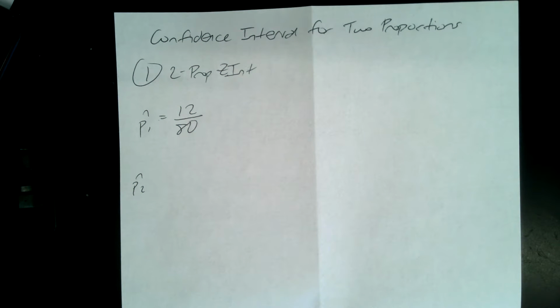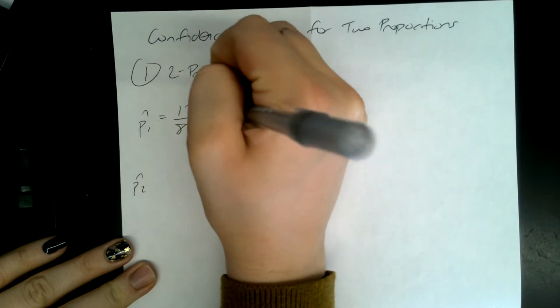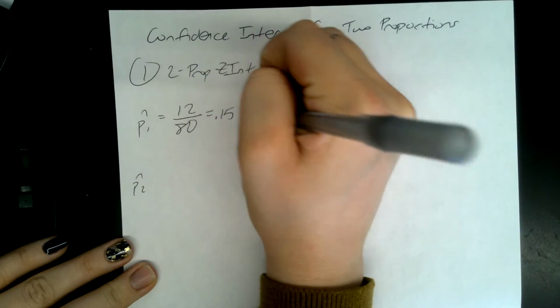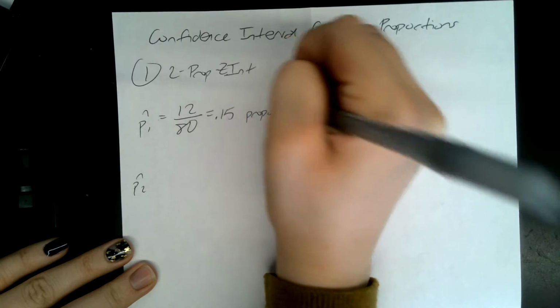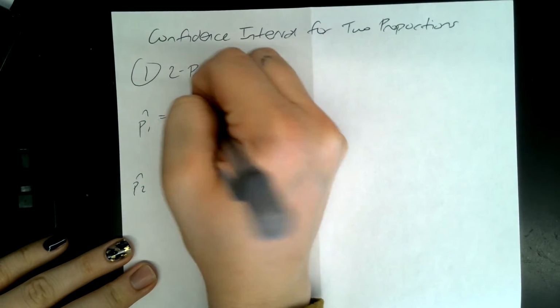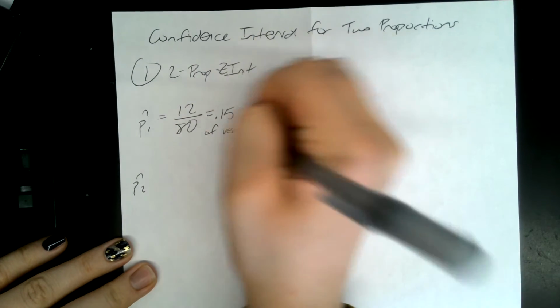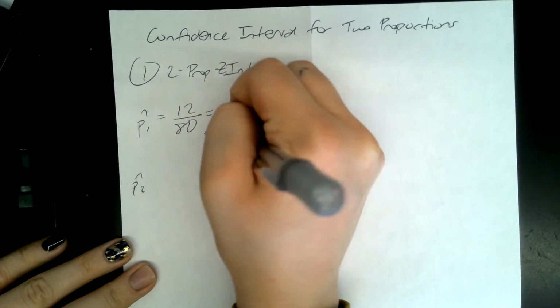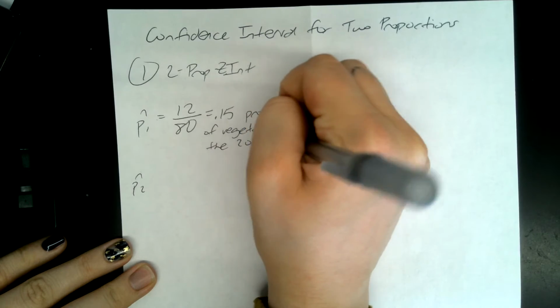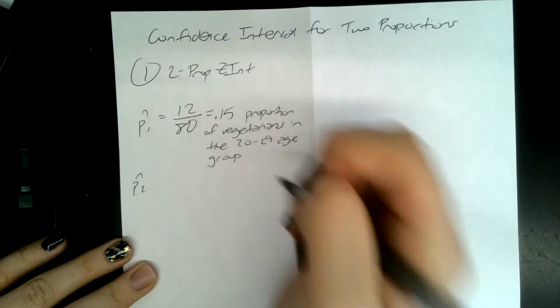If I put that in my calculator, that comes out to be 0.15. And I will give the AP graders a little bit of context on what that is, that 0.15. What's it describing? It's the proportion of vegetarians in the 20 to 29 age group.